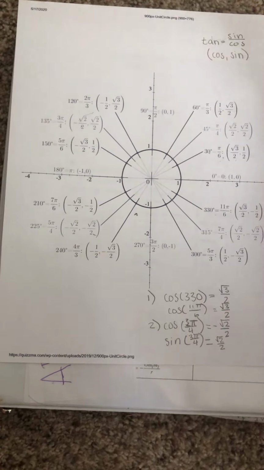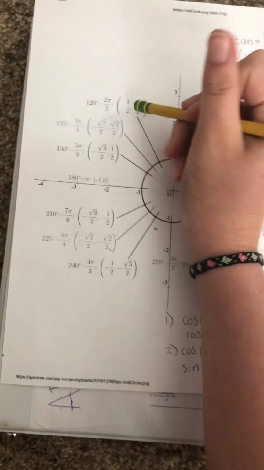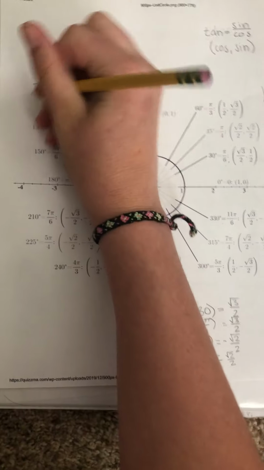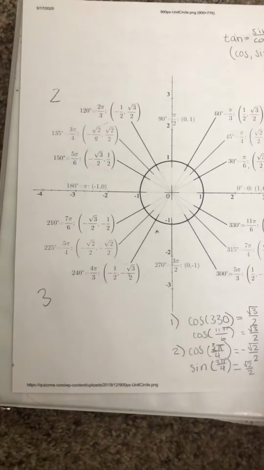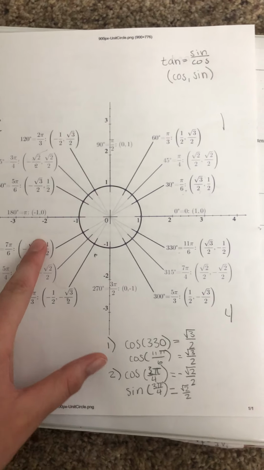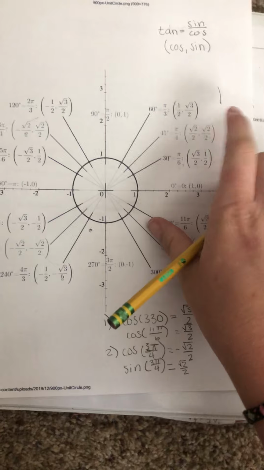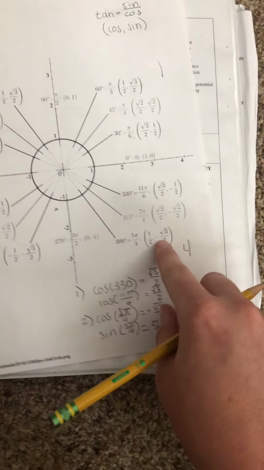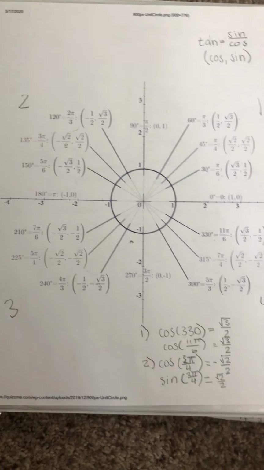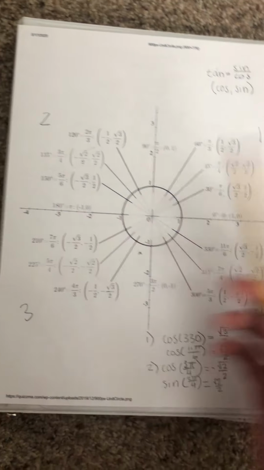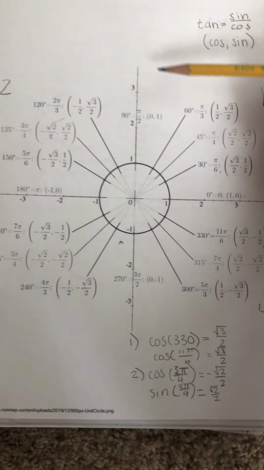Now, if you'll notice, all of these points are the same in each quadrant: quadrant 1, quadrant 2, quadrant 3, and quadrant 4. This point is the same right here, and same right here. This point is the same, and this point is the same. The only difference is the negative and the positive signs. And you can figure that out by looking at these 4 points.